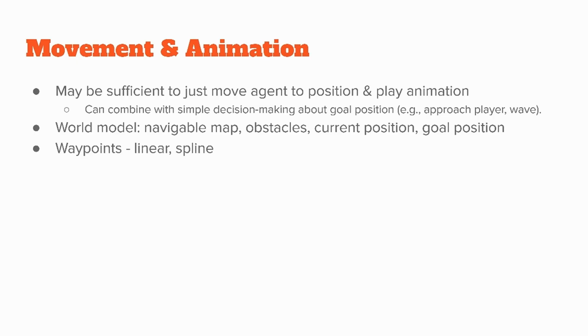And that's very simple because then you're just doing an interpolation over time from point A to point B. Or you can do something called steering behaviors, which is a very simple technique of just pointing toward or away from a goal position and just moving toward it.